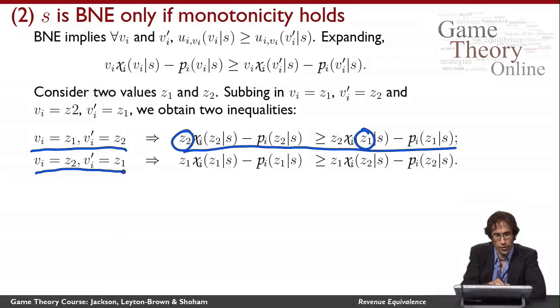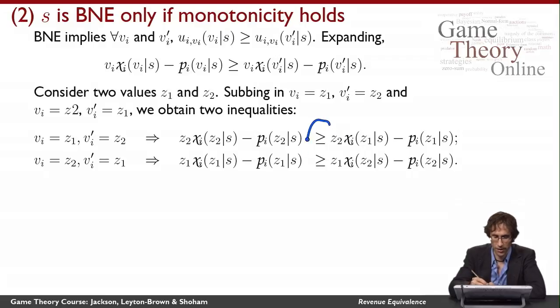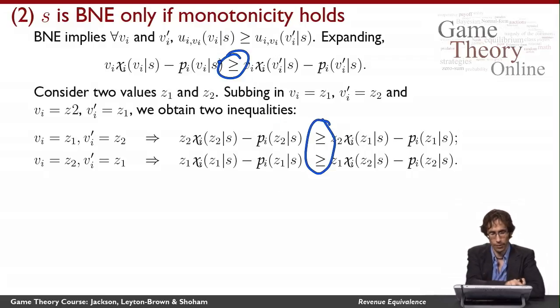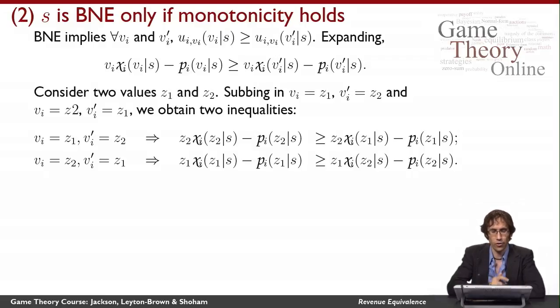When I do things the other way around, everything switches, so I get z1s and z2s the other way. And both times I have the inequality pointing this way because that's what we always started out with. So basically what this is saying is an agent of type Z1 wouldn't want to lie and pretend to have type Z2, and similarly, an agent of type Z2 wouldn't want to lie and pretend to have type Z1 either.